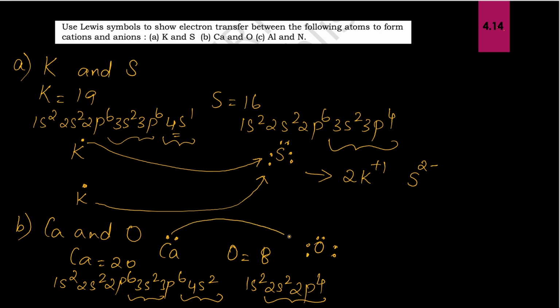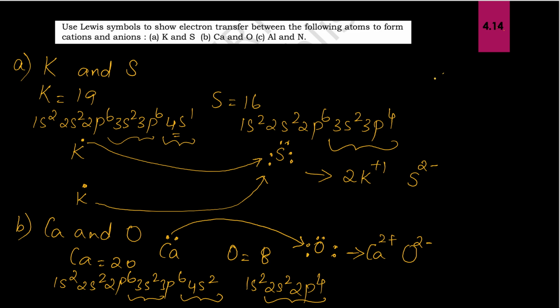Calcium donates its electrons to oxygen, and therefore it will become Ca2 plus, because calcium is donating those 2 electrons and oxygen gains those 2 electrons. Looking at the valence orbitals of these elements, you can identify how many electrons they are going to lose and what is the charge.